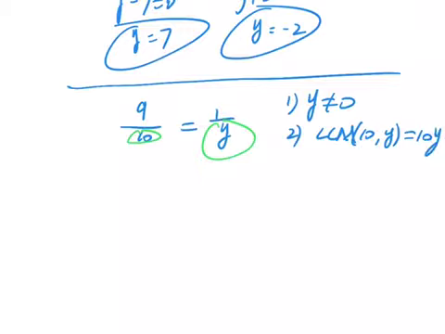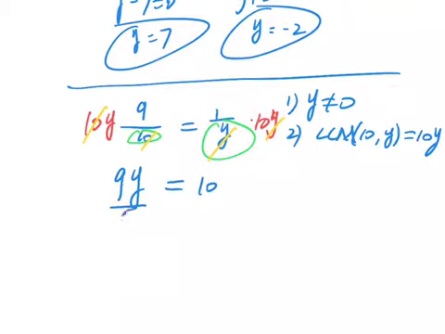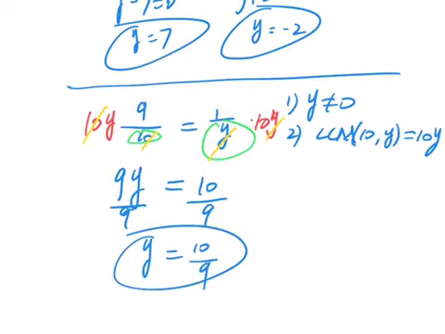So if you times 10y to everything, the 10 canceled, y and y canceled. So my left side is 9y, my right side is 10, and divide by 9 from both sides. So my y is equal to 10 over 9. And then we can keep that because that's in the domain.